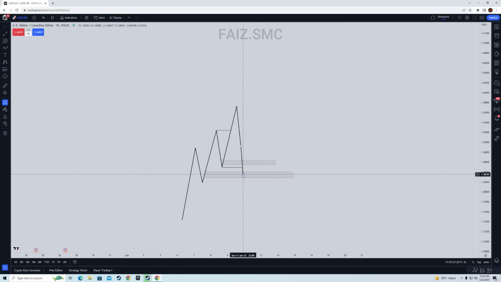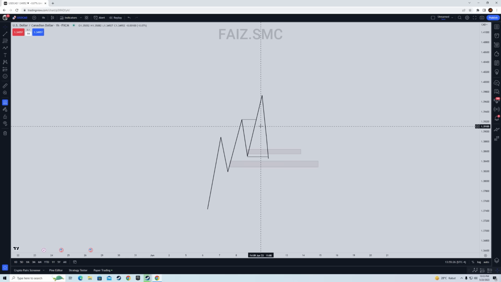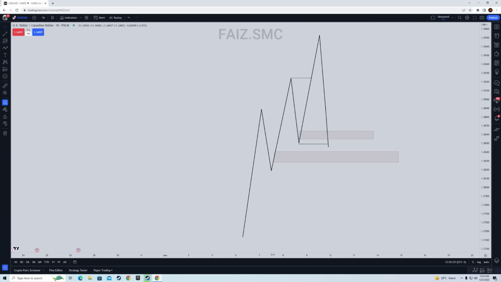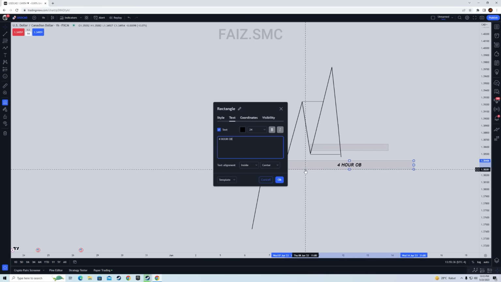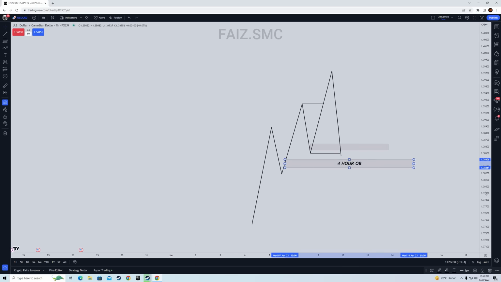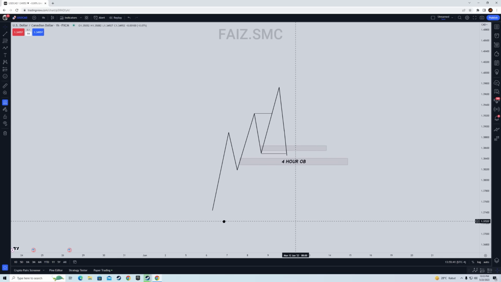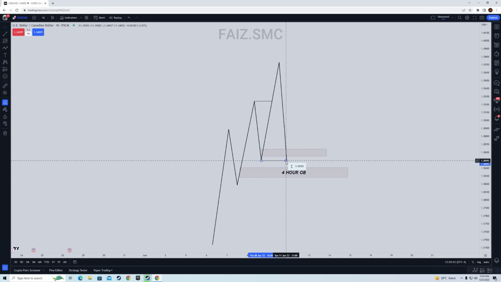Now, to add more confluence, when you are looking at this on a 4-hour time frame, when you have a 4-hour order block here, let's mark this out as 4-hour OB, and the price is coming back into the 4-hour order block, you drop down to the 15-minute time frame, which is my lower time frame, and now we are going to look for a reversal turtle soup pattern.